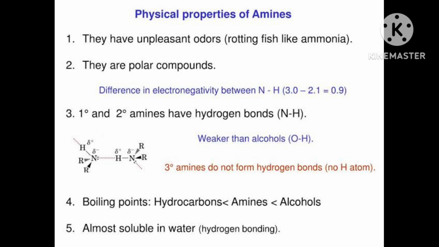In tertiary there is no hydrogen bonding, and its boiling point will be less. No extra heat is required because no hydrogen bond is there. But primary will require more than secondary. Hence, the boiling point of primary amine is greater than secondary. Secondary is greater than tertiary. Okay.